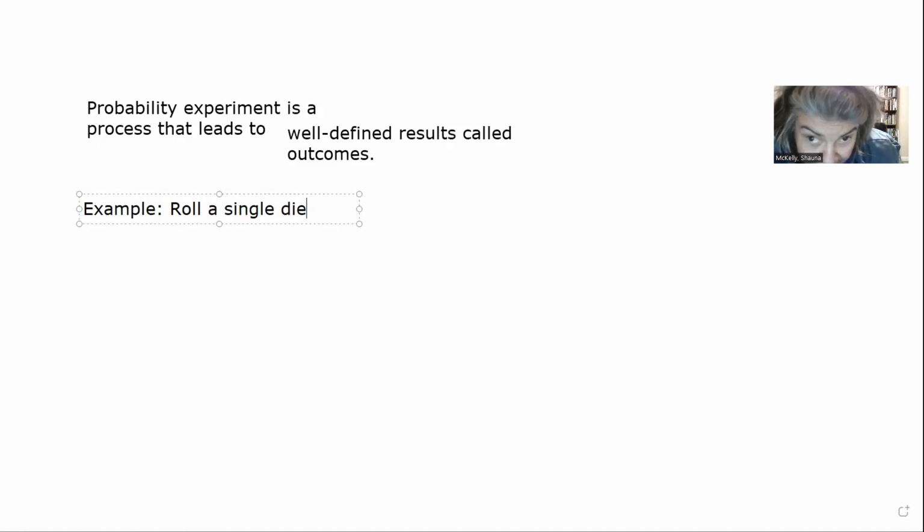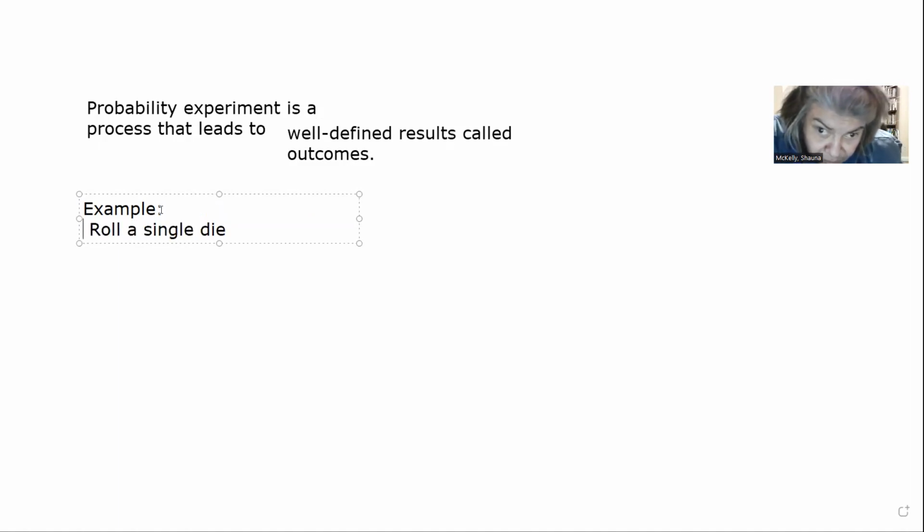That's my experiment. It could be roll a single die 10 times, or once, whatever it is, but the process is rolling a single die.